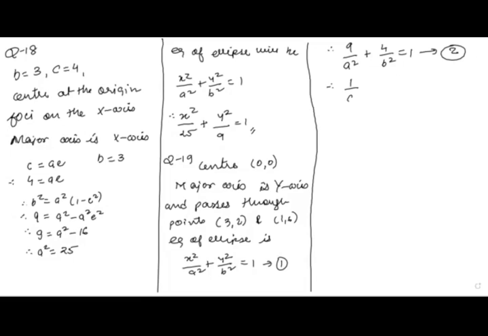So I can write 1 by a square, keeping the value of x as 1 and y as 6. I will get two equations and will try to find the value of a square and b square by the elimination method. So what I will do is I will multiply equation 3 by 9.